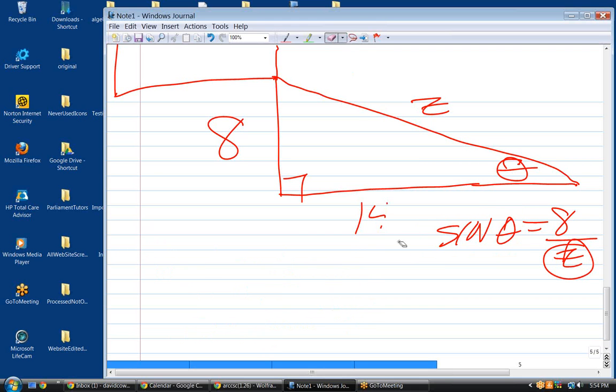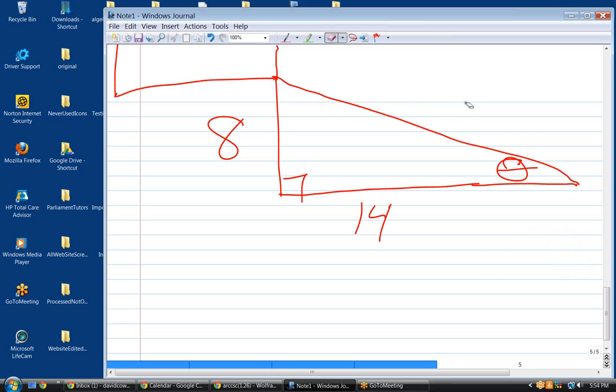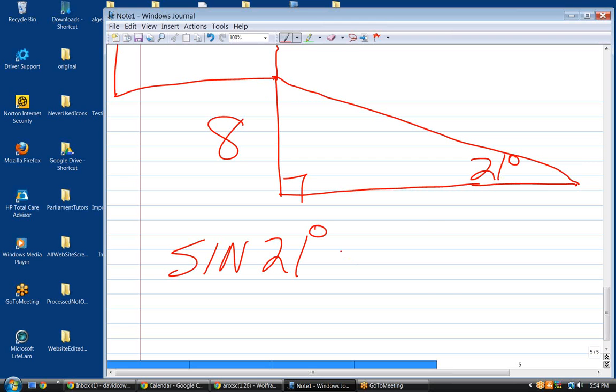I'm kind of surprised they gave you the problem that was easier to solve with the Pythagorean theorem than by trig. A better problem would have been not to give you the length of the ramp, but to give you that angle, 21 degrees. In other words, they give you that angle and the height from the bottom to the house. Now you have to use trig functions to solve it. Now you'd have to say the sine of 21 degrees equals 8 over z.